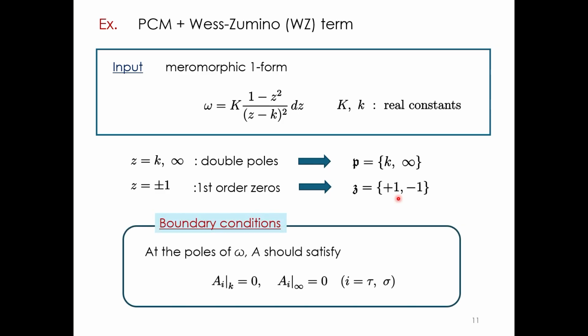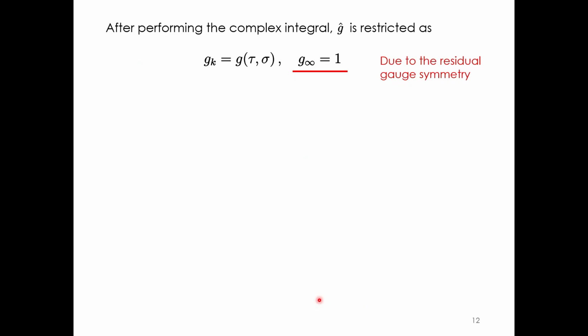Then we will take the boundary conditions of the gauge fields at the poles K and infinity like this. After performing the complex integral, the group element ĝ is restricted like this at the poles.